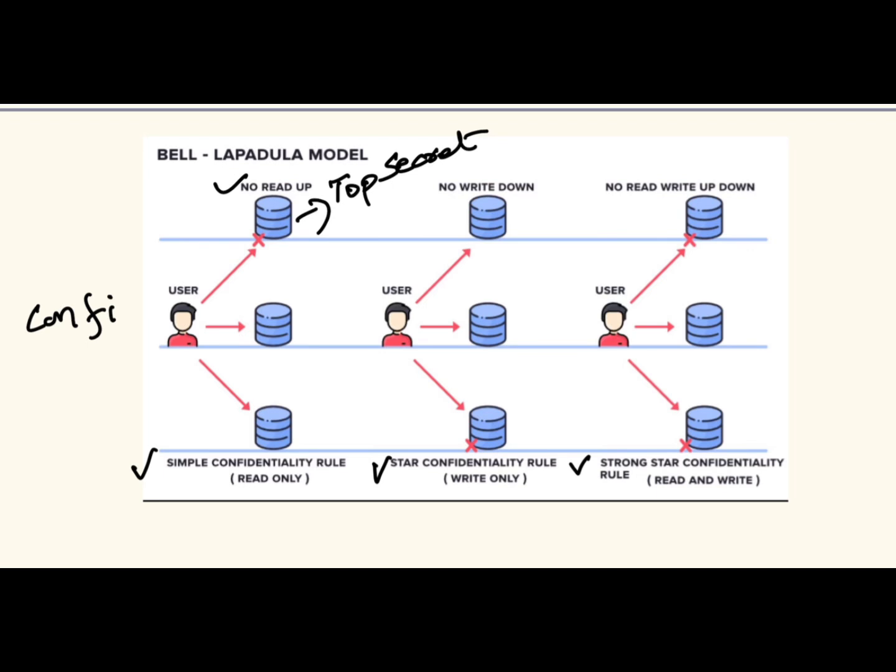But this user can read data at a lower classification level, so it depends on the clearance level. A user with confidential clearance cannot read data labeled top secret.